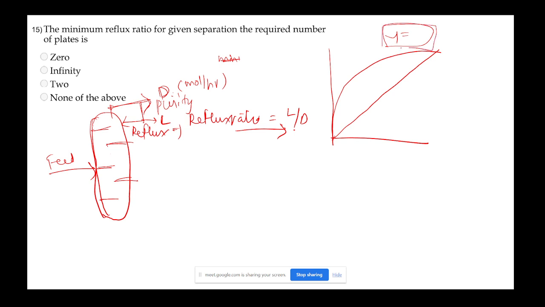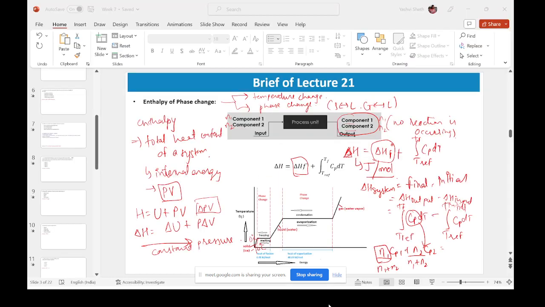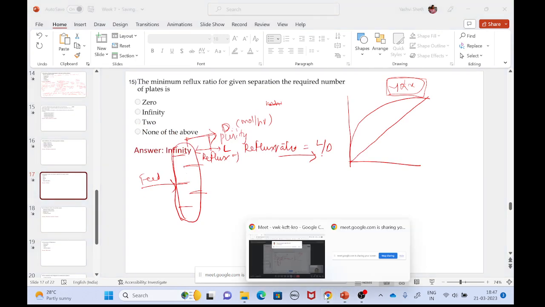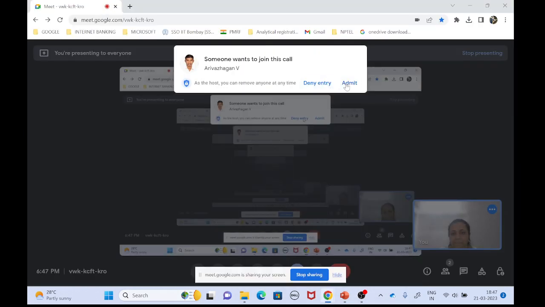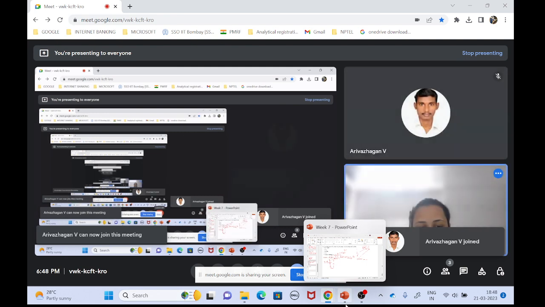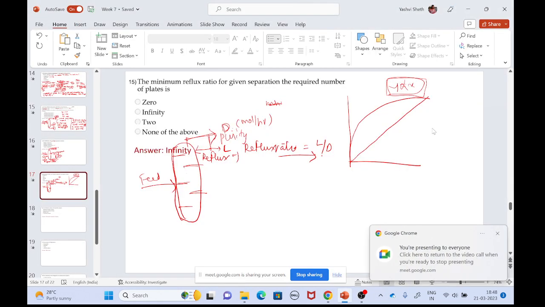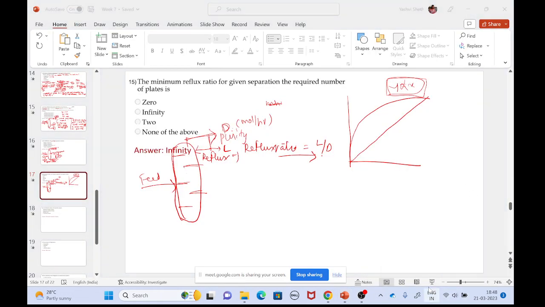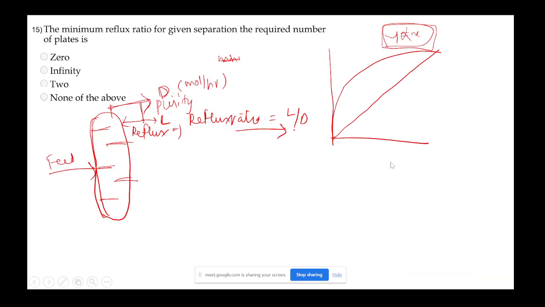This is the equilibrium plot of y in relation to x. Yeah, this is the equilibrium line, which is the relation between y and x.